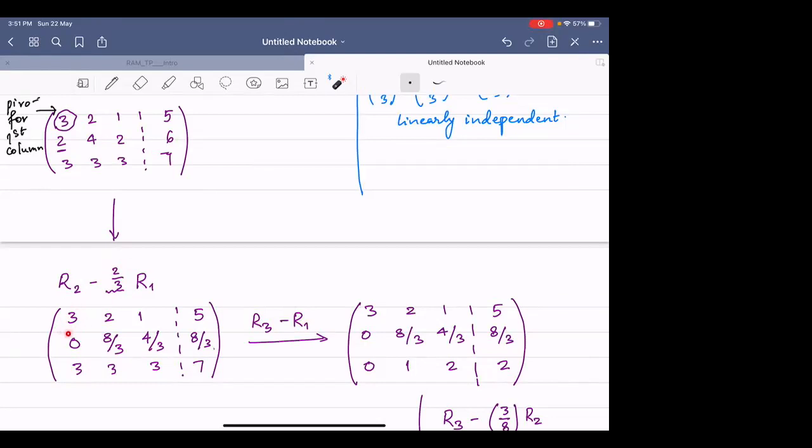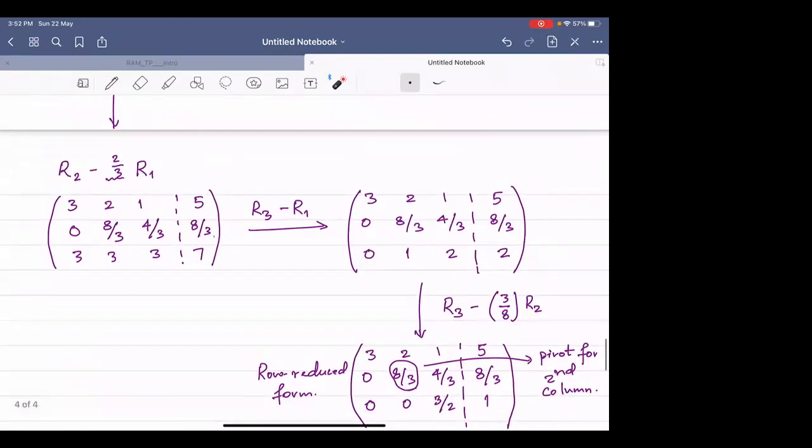So you are always dividing by the pivot element. Here also, you want to make this 0, so you did R3 minus whatever element is here, divided by that element. Dividing by 8/3 is multiplying by 3/8, so that's how you got it here. So we are always dividing by the pivot element.